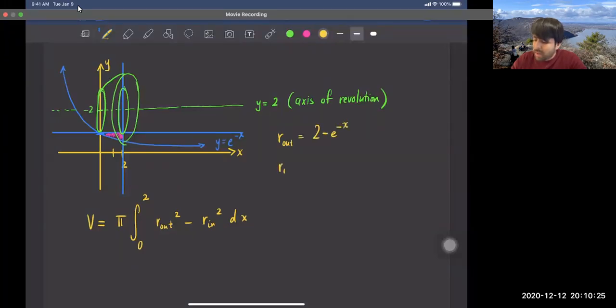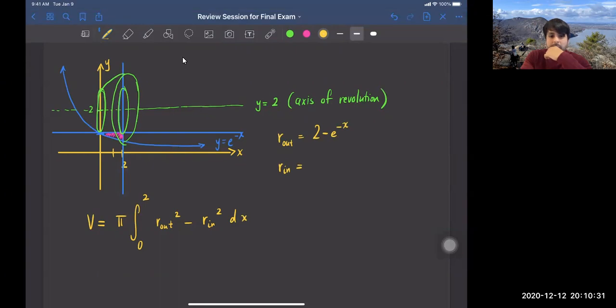And what would be the inner? The inner would be what? What's going to be the inner radius? Remember, the inner radius is with respect to the axis of revolution.